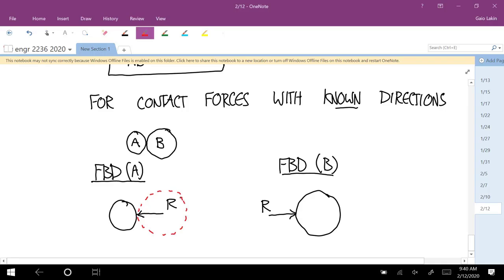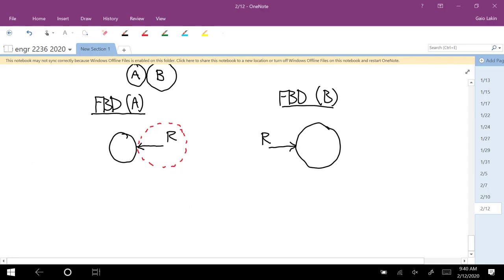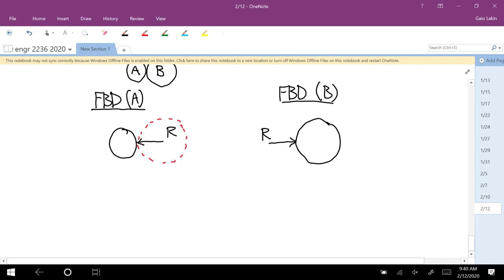Notice though that, just to bring these two ways of doing it together, this is how we represent this force with a known direction, okay? You could also represent that in vector components based on that scalar R, and you could think of that whole vector as the force on A by B, and that's a vector.